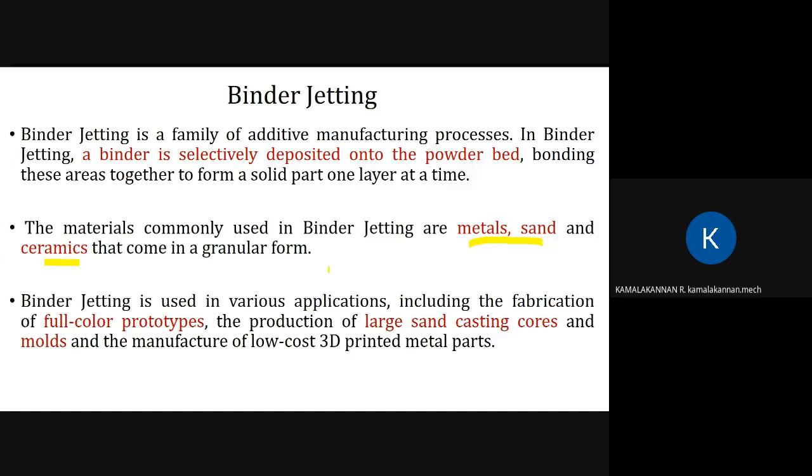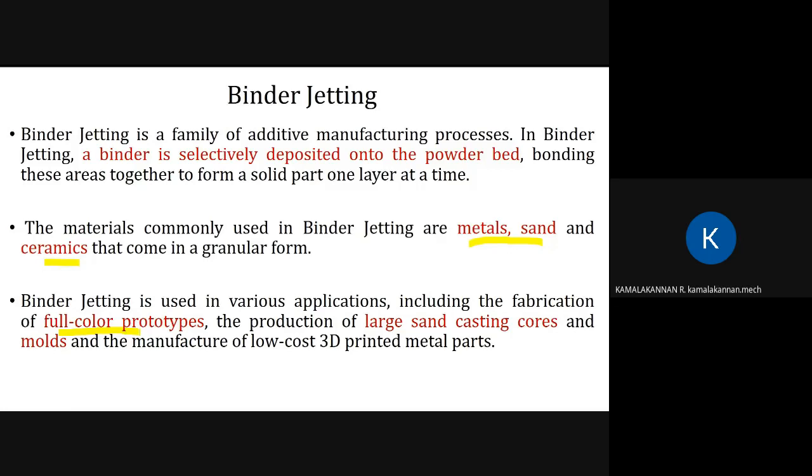A whole part can be made with different colors. That is possible in binder jet, but using different colors in other types of technology is not possible, or only for a few areas, or only certain colors. But in binder jet, you can use any number of colors.